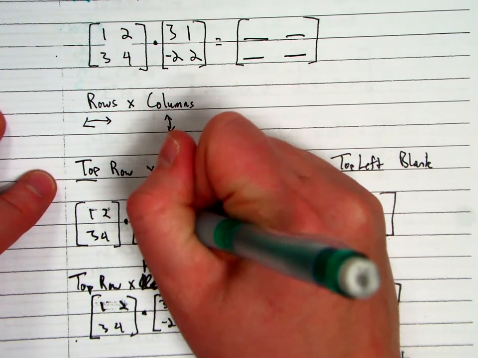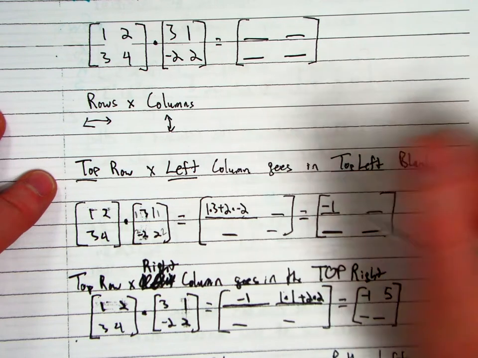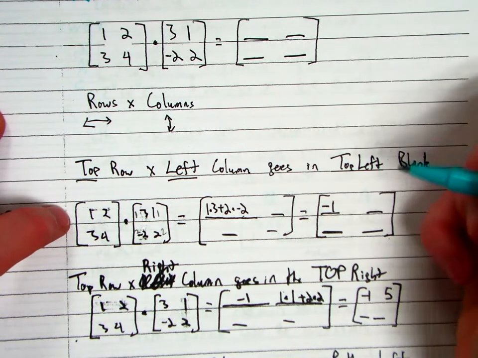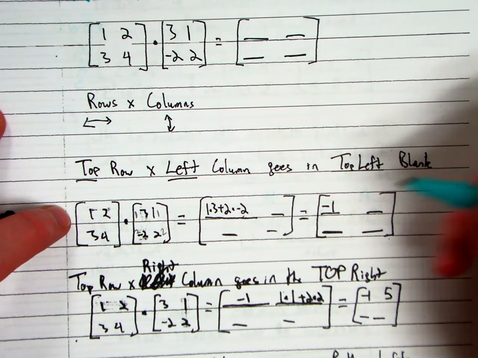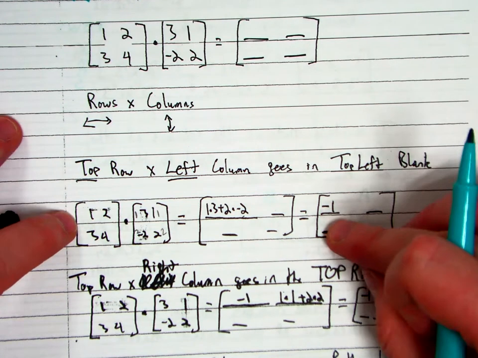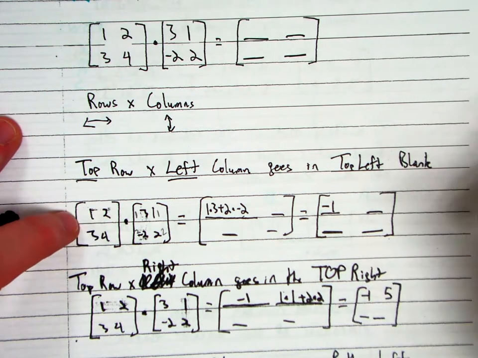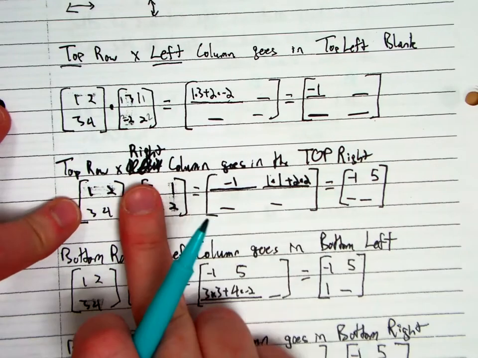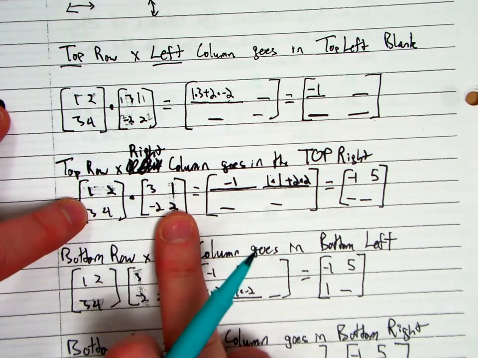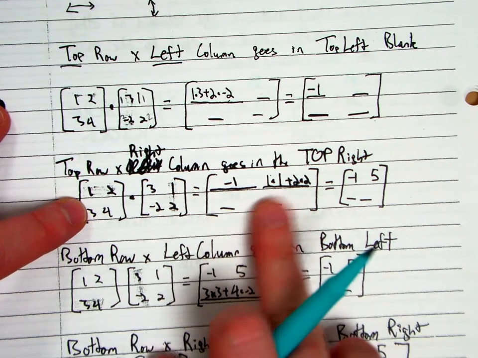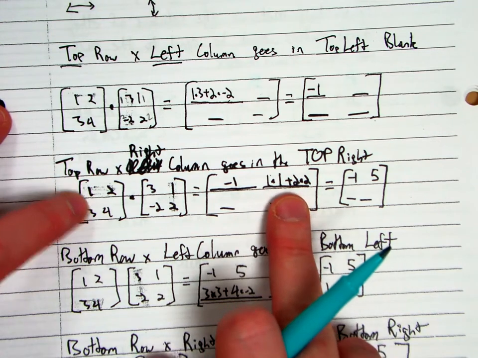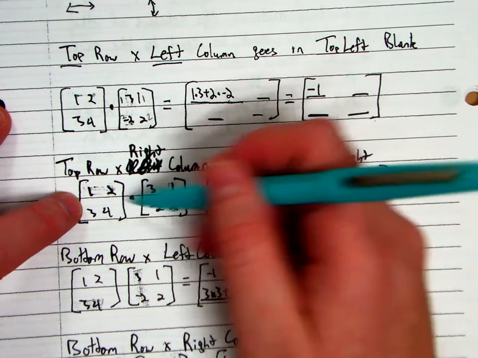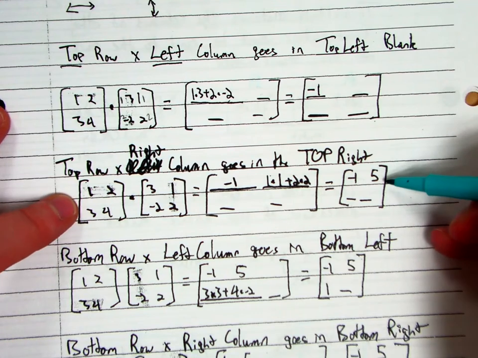And you're going to do the same thing, 1 and 2, and that's going to get you this number here. So as you go through each one, that's top left blank, then you do the top row times the right column, so the second column, 1 times 1 plus 2 times 2, so 1 times 1, 2 times 2, add those together, you get 5.